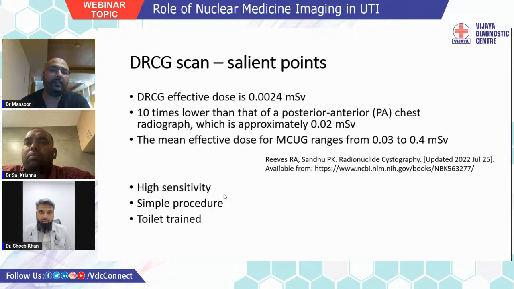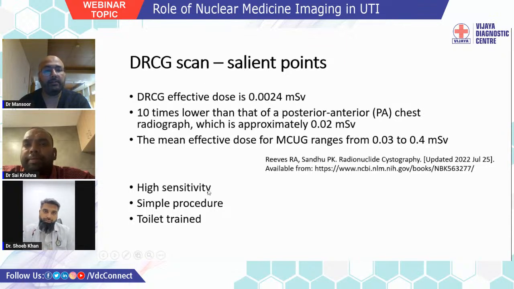The DRCG effective dose is very, very low. It gives 10 times less radiation than a radiograph of the chest. And the effective dose of MCUG ranges from 0.03 to 0.4 millisieverts, and this is about 100 times less if you compare.